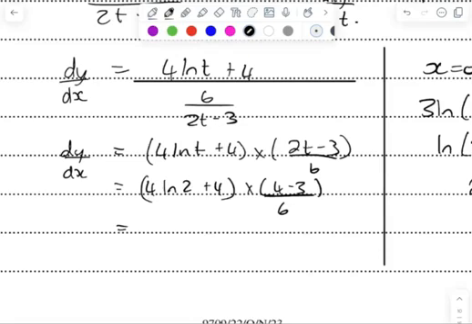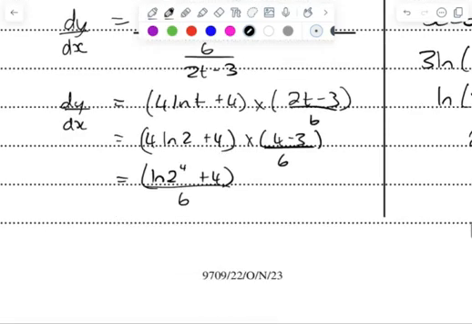I'm going to say ln of 2 to the power 4 plus 4, and that is going to be multiplied by 1 over 6. And this gives me an answer of, okay, so we could do this in 2 different ways. What's the best way to do this?